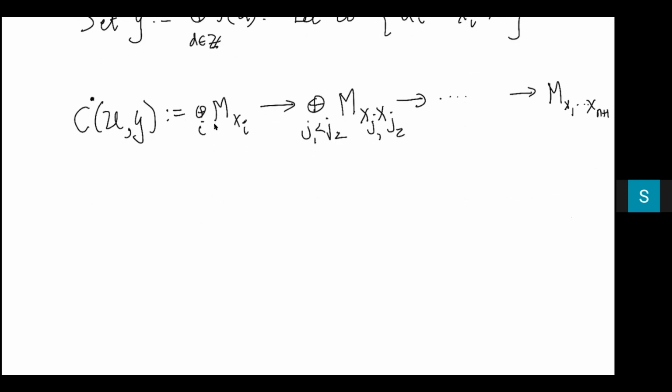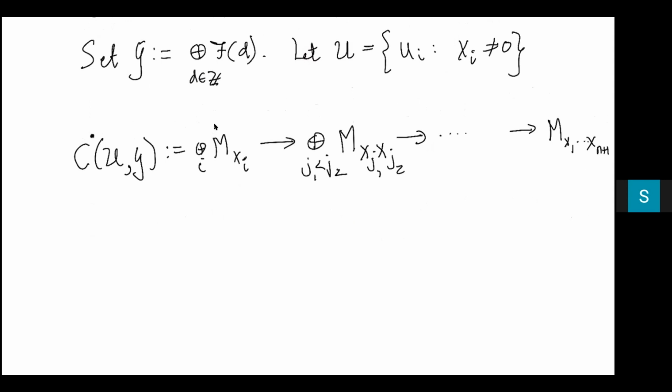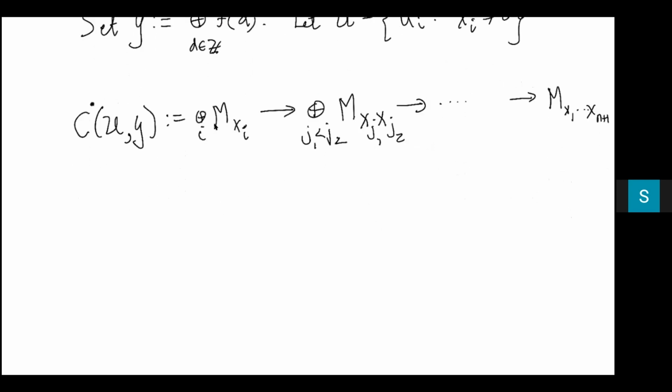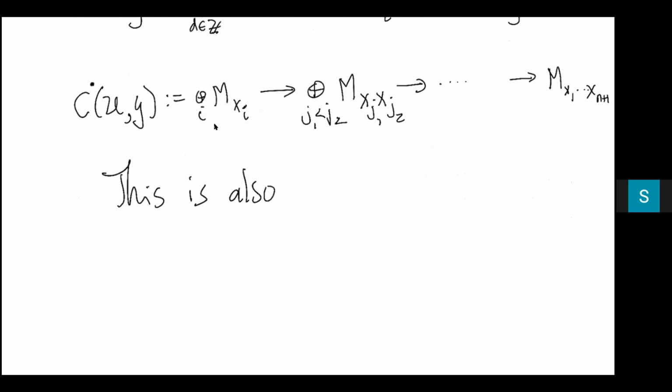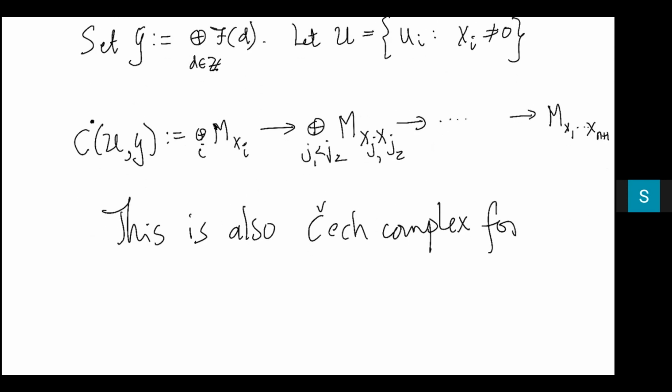Now I want to mention something: this complex we have written down is also the Čech complex, but not for G, but for M. So let's just say M or M tilde.